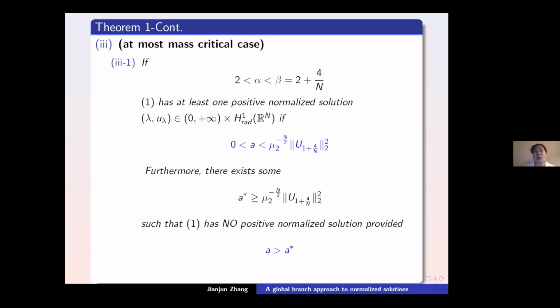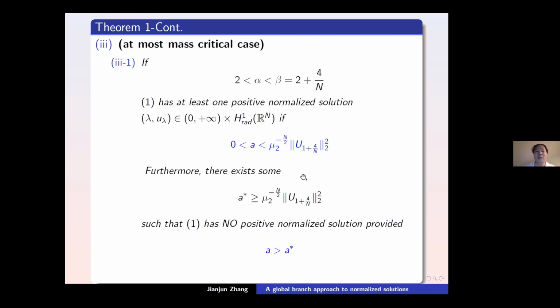Now we consider the mixed multiplicity cases. If the problem is subcritical near the origin and critical near infinity, we can show that our problem has at least one positive solution if the mass is small enough. Also, if the mass is large enough, the problem has no positive normalized solution.